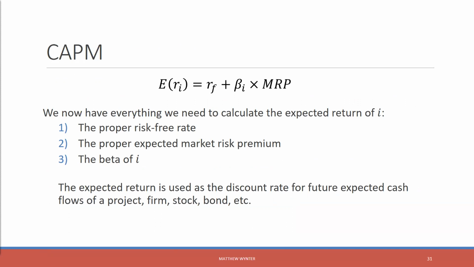We know how to calculate our beta. We can run a regression if we have access to prices of the excess return for the stock minus the risk-free rate and the excess return for the market minus the risk-free rate, or we can use our asset beta. And we're almost always going to be using our asset beta because, again, our projects are going to be financed with debt and equity.